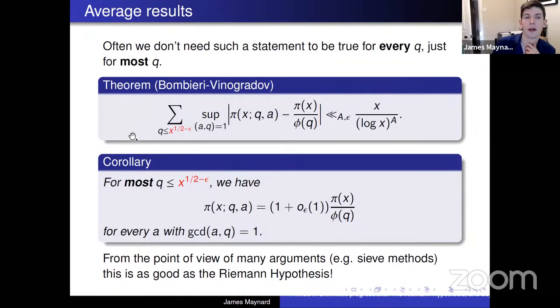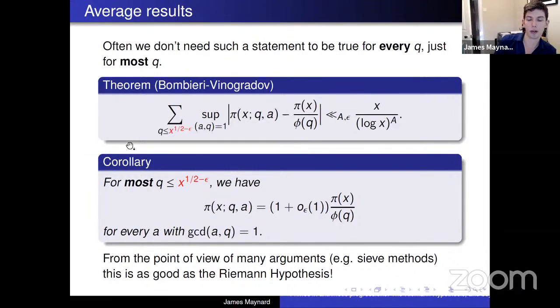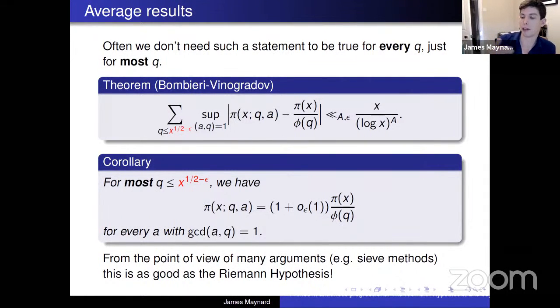But just as we believed that you should be able to go beyond the Riemann hypothesis for each individual q, we also believe that we should be able to go beyond this threshold of the square root of x when we're looking at q on average.